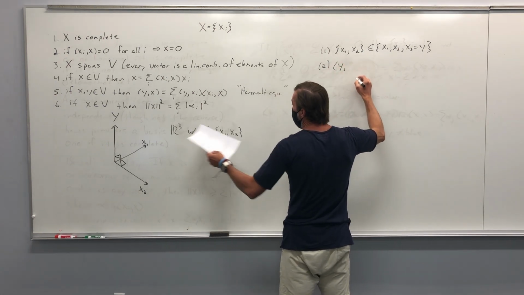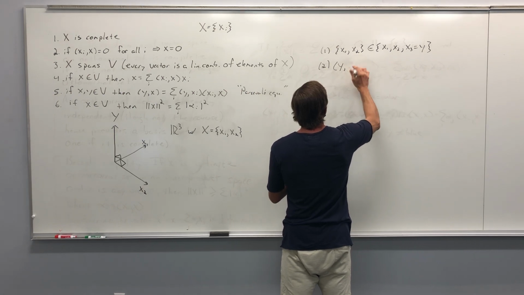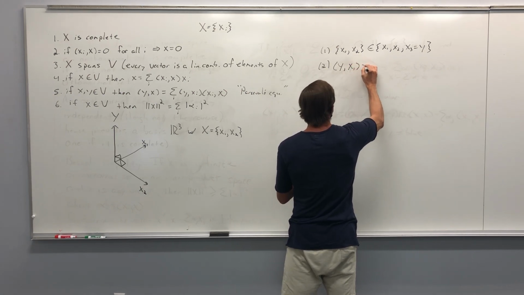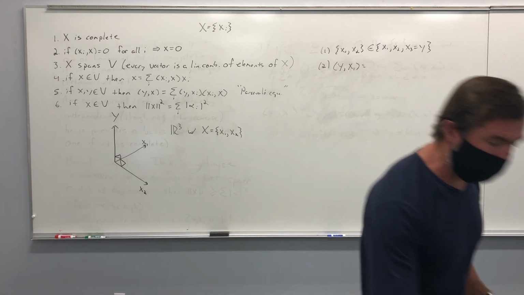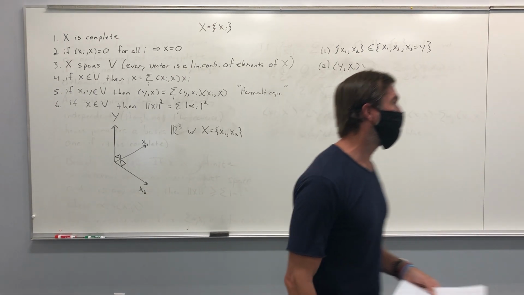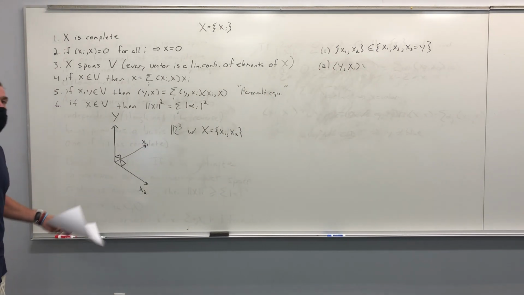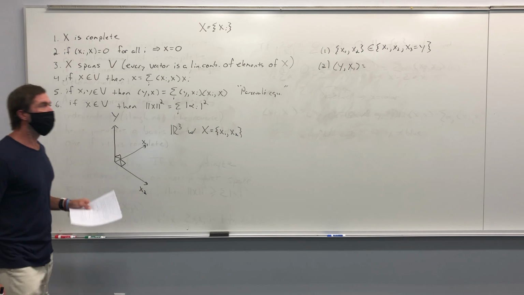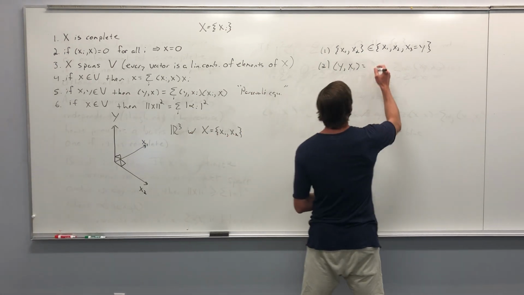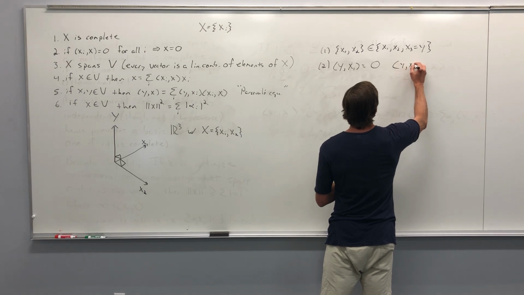If I take y and I do the inner product with x1, what do I get? Danny, what do I get? Well, you're going to get 0. Yeah, this is an easy one. What about y with x2?